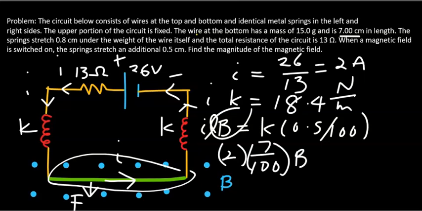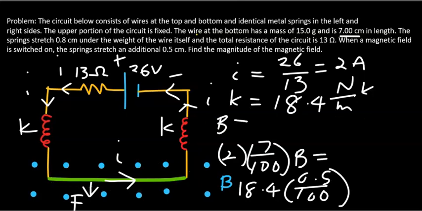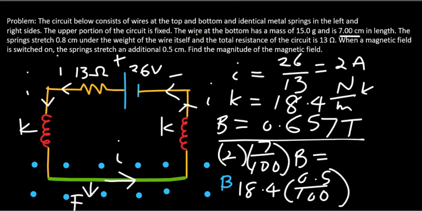B is what we want to find. K, spring constant, has been determined, 18.4 Newton per meter. And the new stretch, that is 0.5 over 100 in the unit of meters. And you can solve for the magnitude of the magnetic field, which turns out to be 0.657 Tesla. And that solves the problem.